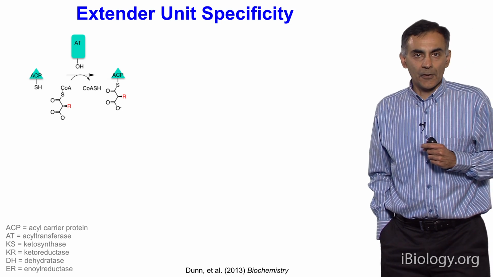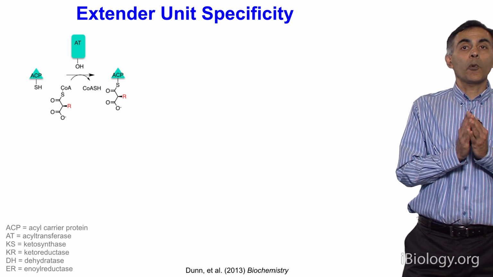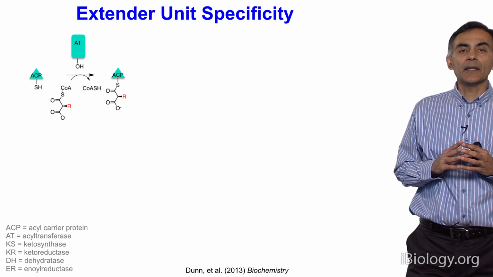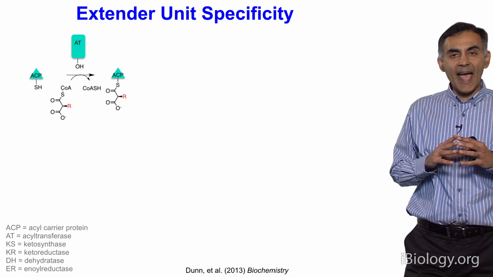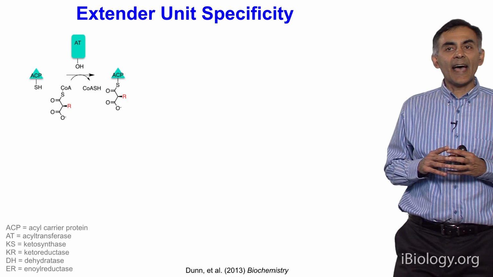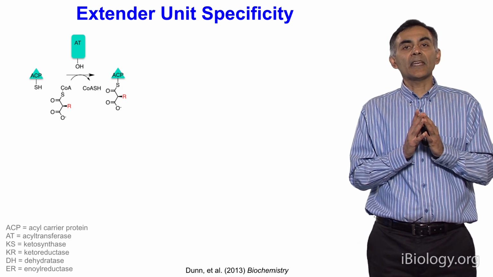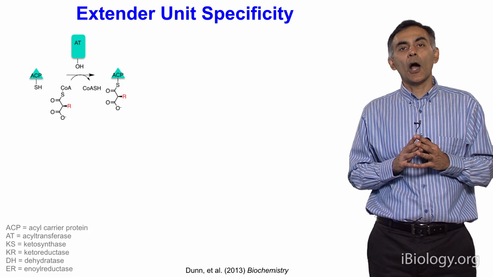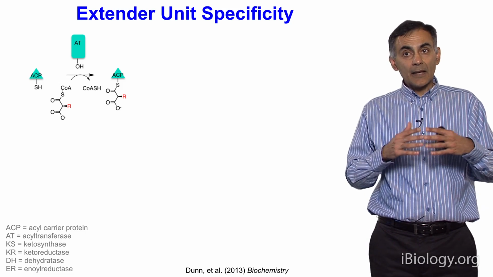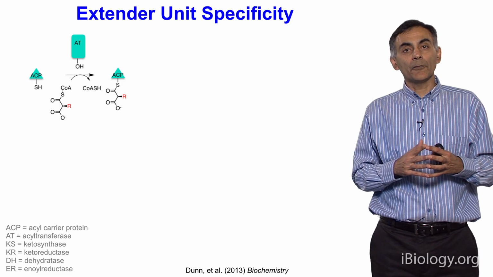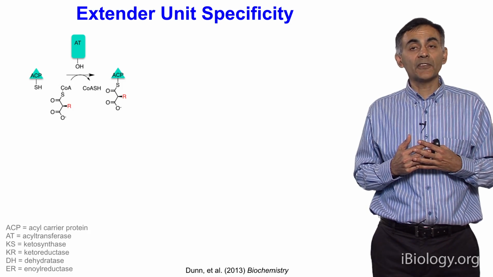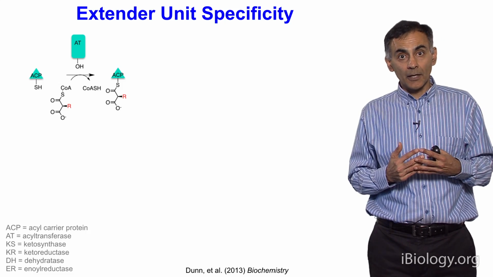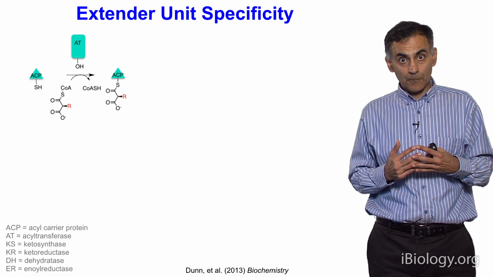In addition to stereochemistry, there is another very important specificity that is encoded in this assembly line at each module, and that is the specificity that corresponds to the choice of the extender unit. In my introduction, I pointed out that all of the modules of 6-deoxyerythronolide B synthase use a methylmalonyl coenzyme A extender unit.